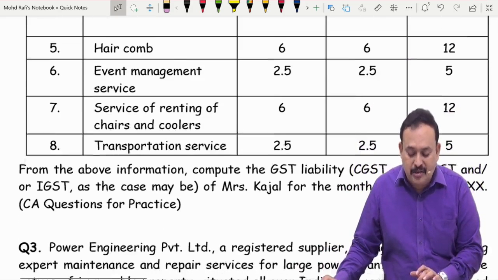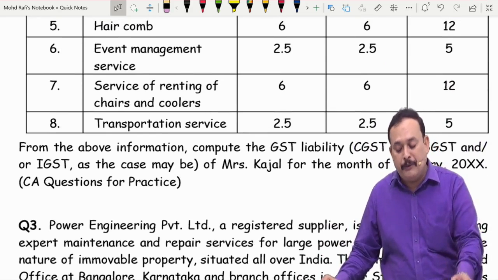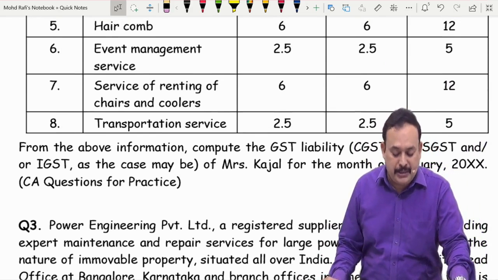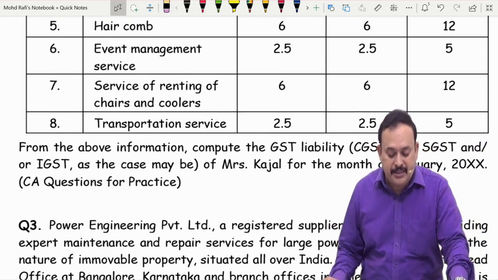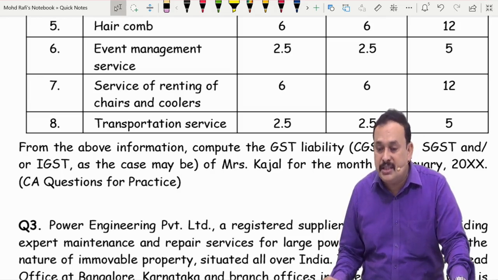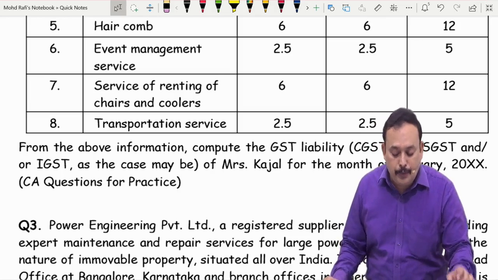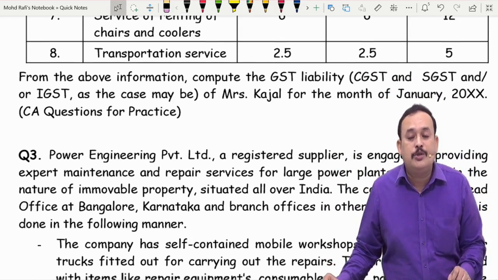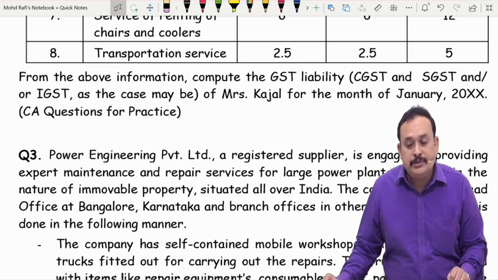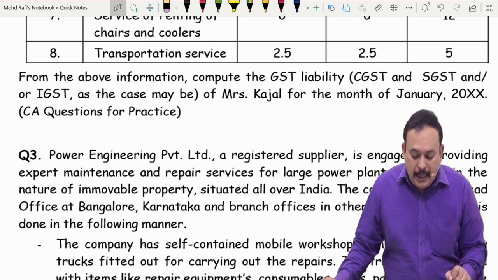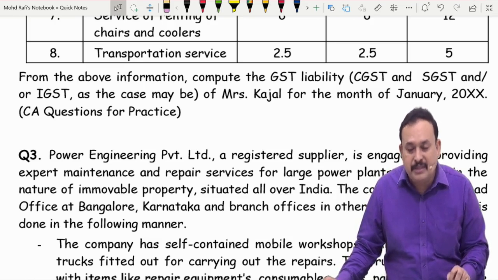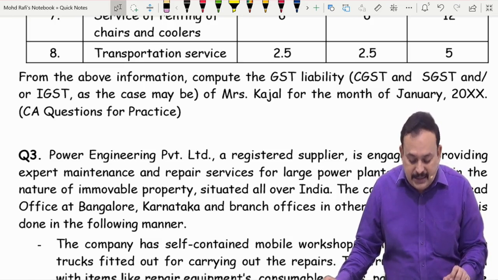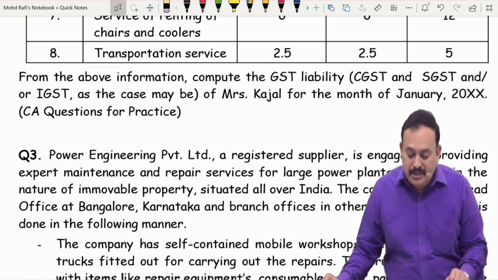Event management services: CGST 2.5%, SGST 2.5%, IGST 5%. Service of renting of chairs and coolers: CGST 6%, SGST 6%, IGST 12%. Transportation services: CGST, SGST 2.5% each, IGST 5%. From the above information, compute the GST liability, CGST, SGST and IGST as the case may be, of Mrs. Kajal for the month of January.